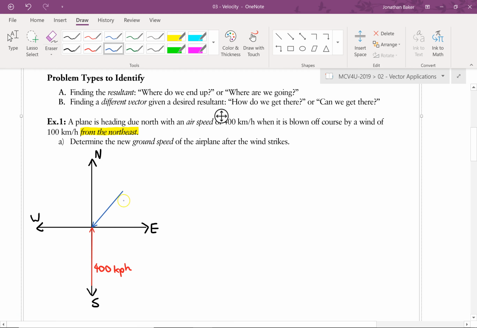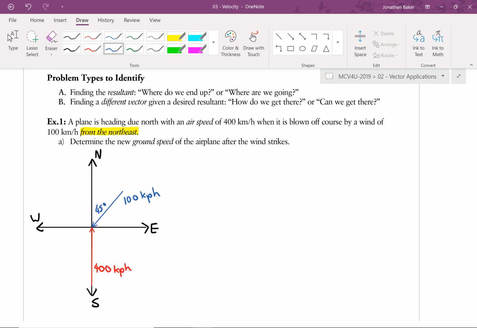This is 100 kilometers per hour. So our plane is being hit by this wind from the northeast. And of course, we have 45 degrees in here, showing that it's from the northeast. So this is a quick picture of what's happening.